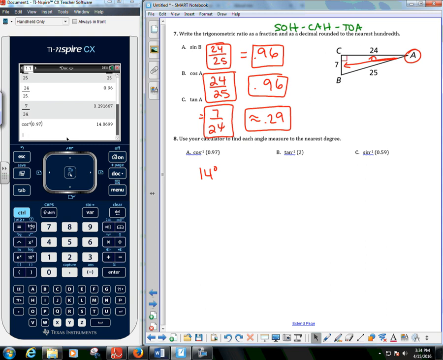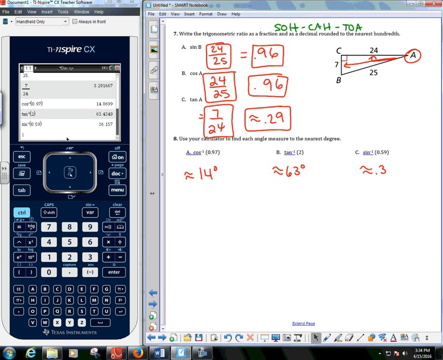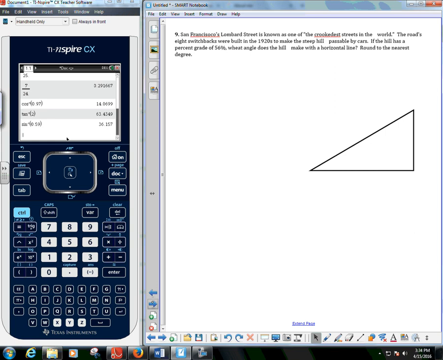Tangent inverse, so trig function, tangent inverse of 2 gives us approximately 63 degrees. I'm going to come over and do trig function, arrow down to sine inverse of 0.59 and hit enter. That gives me approximately 36 degrees.